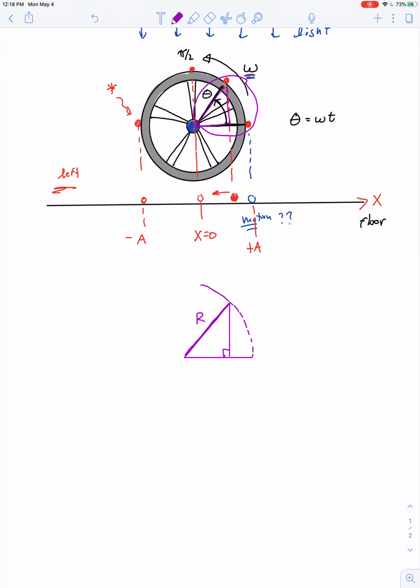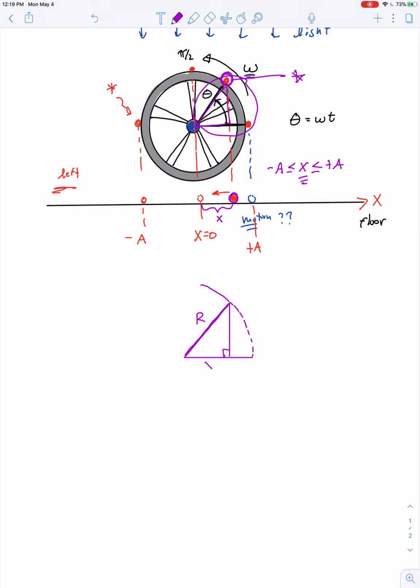There's a right angle, and then this position right here is just some random value x. Keep in mind x is at most positive a and at least negative a, but x is a variable, and x is the instantaneous position of the shadow, and so we're imagining the object when it gets right here.